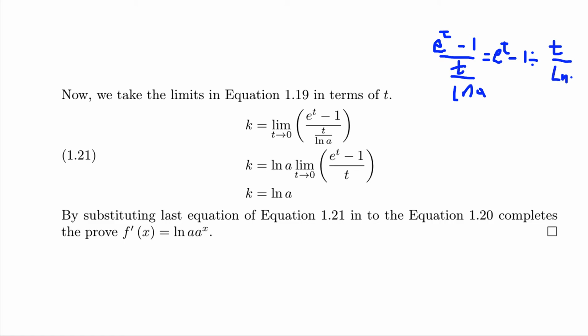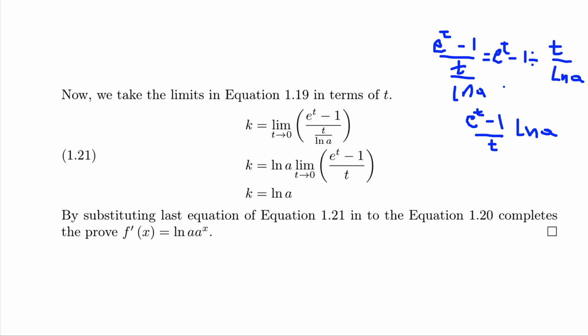When we do some algebra, it becomes (e^t minus 1) divided by t, times ln a. That's how we get this form. But this ln a is a numerical value, a constant, so it gets in front of the limit as t goes to 0.